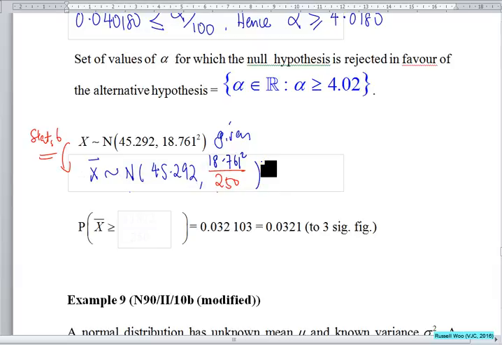If X is normally distributed, X bar must be normally distributed like that. You want the probability greater than the one found earlier, which was 47.488. This part is not really a hypothesis testing question. This is a stat 6 sampling distribution question.